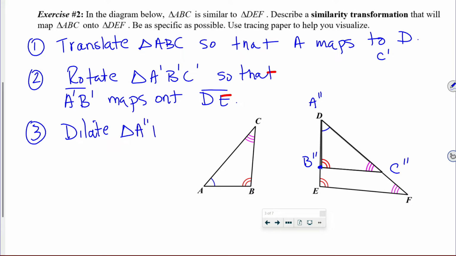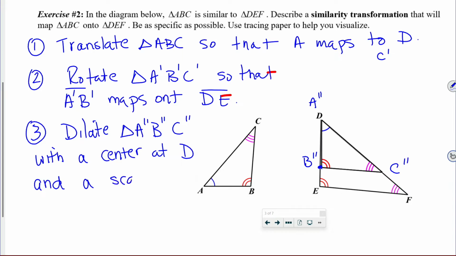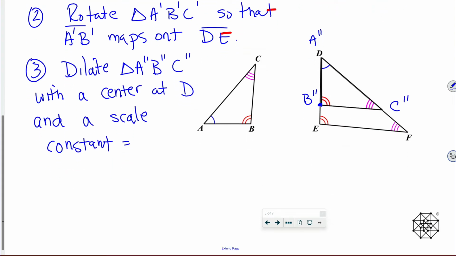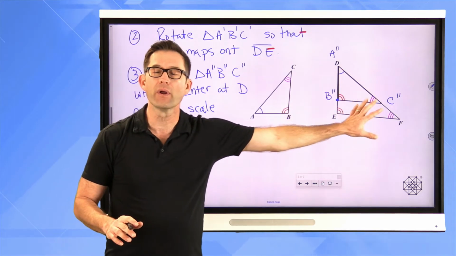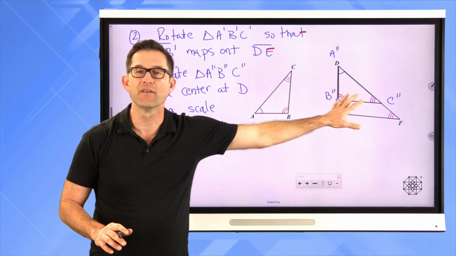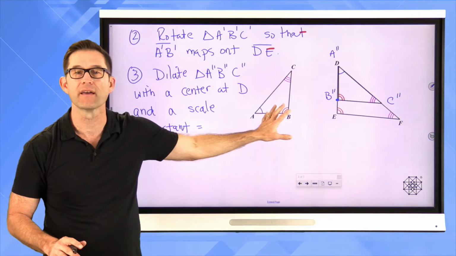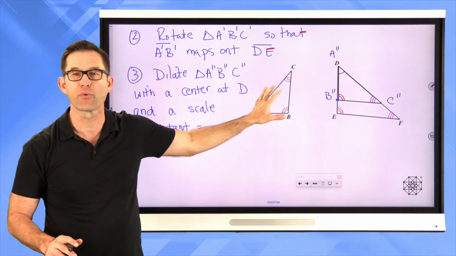triangle A double prime, B double prime, C double prime with a center at D and a scale constant equal to literally the ratio of any one of the image lengths divided by its corresponding pre-image length.